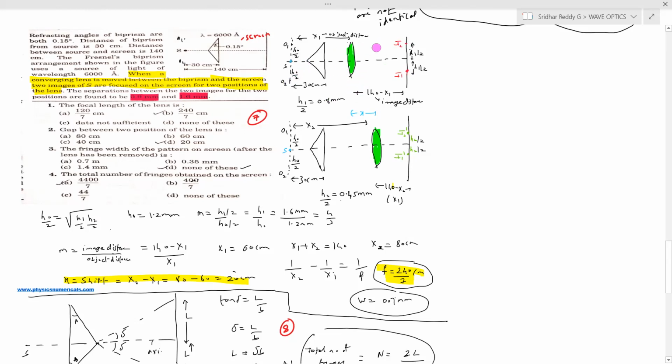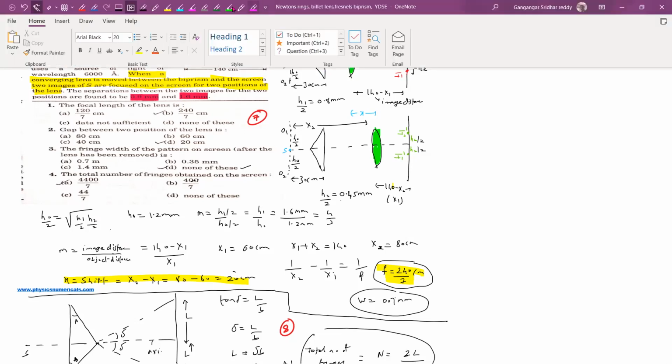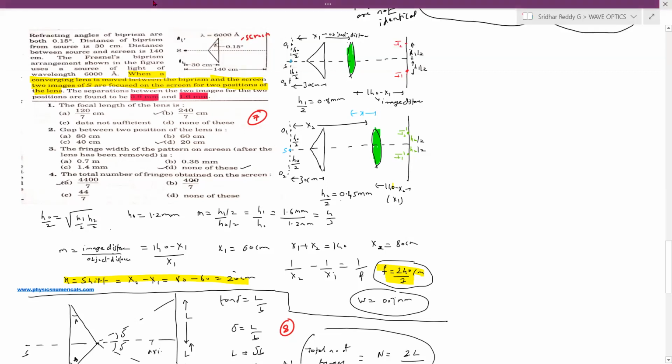There are two things here. What are O1, O2? They are the images formed by the biprism. What are I1, I2? They are the images formed by the convex lens. So I think there's a basic idea which we have to understand here.